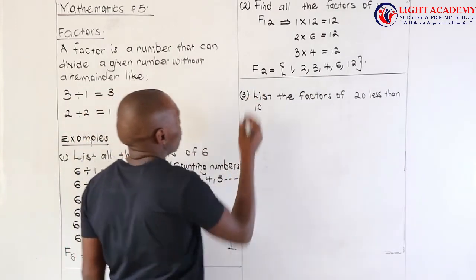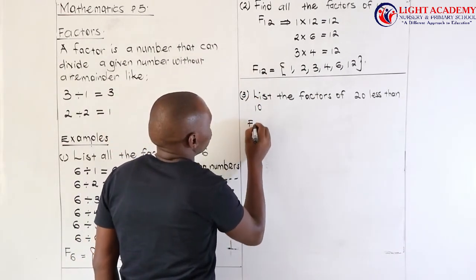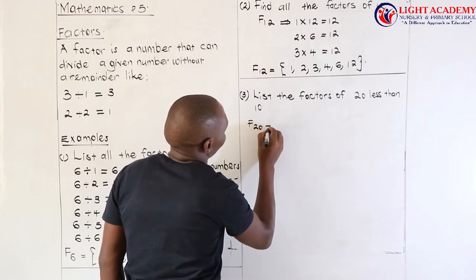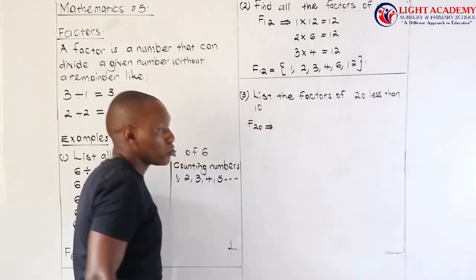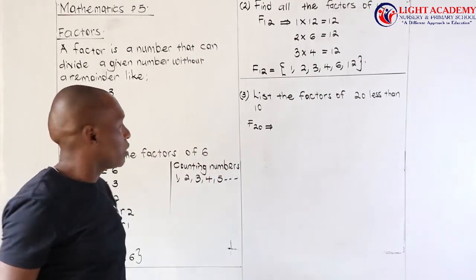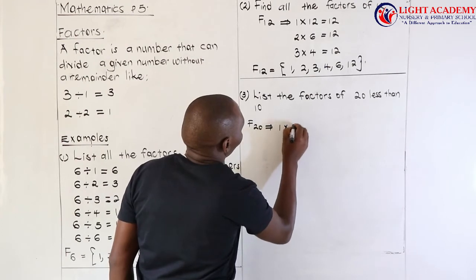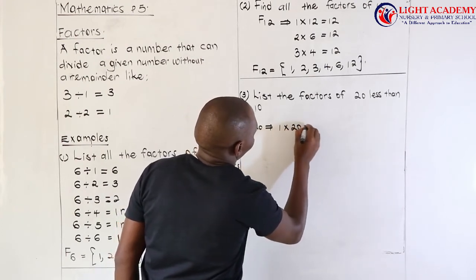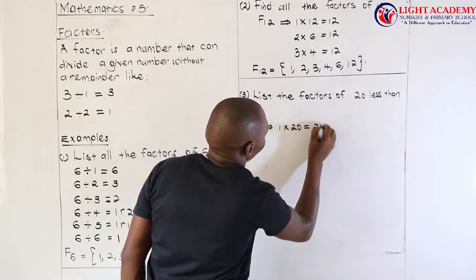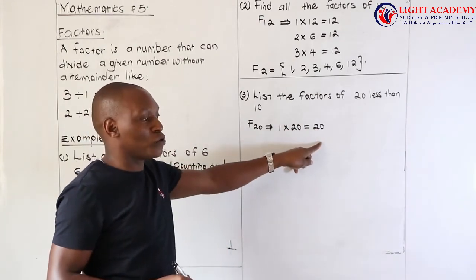So using the method I used previously, I will say factors of 20. I will first list all of them. So I mention the pairs of numbers that when you multiply them, their answer is 20. The first one is 1 multiplied by 20, which is equivalent to 20. Meaning 1 and 20 are factors of 20.